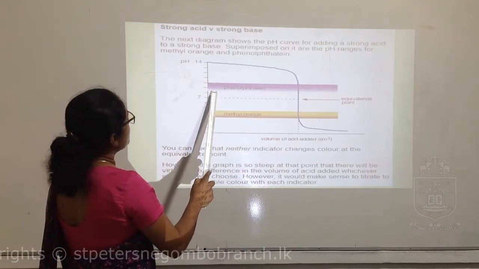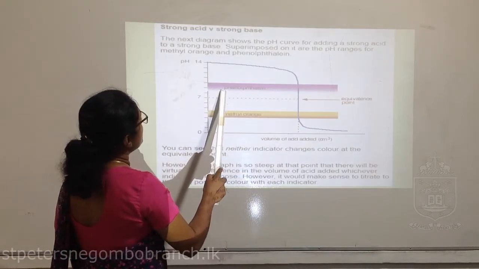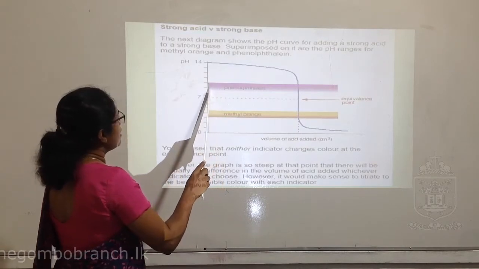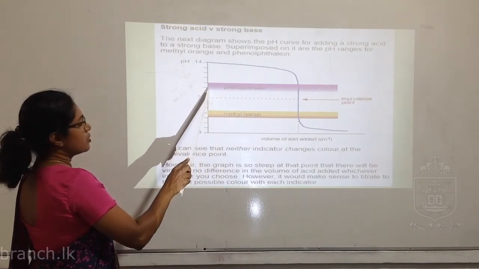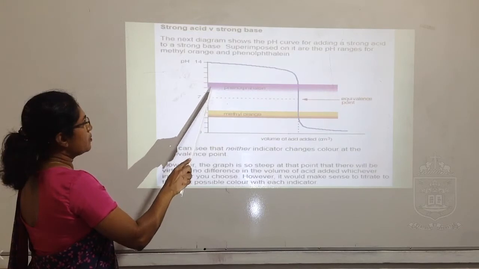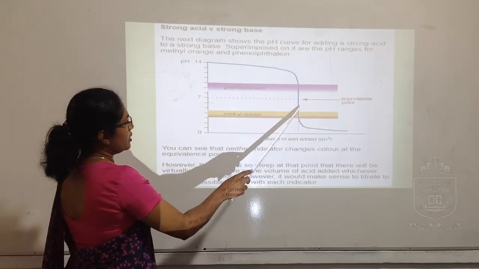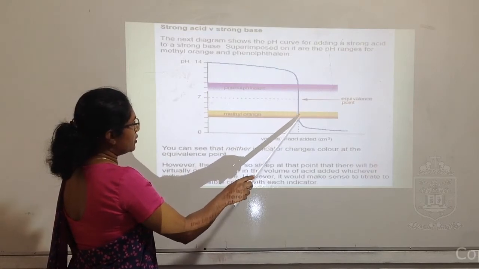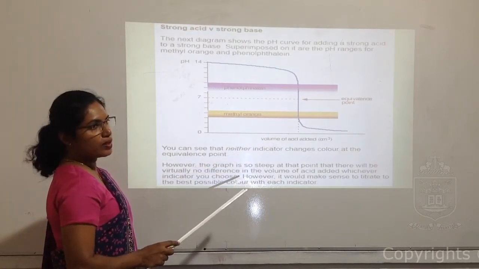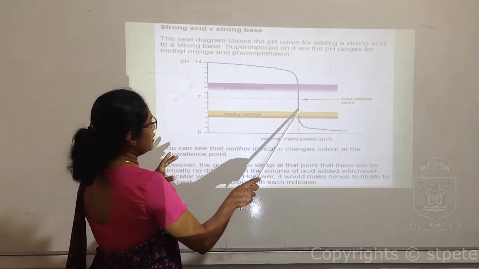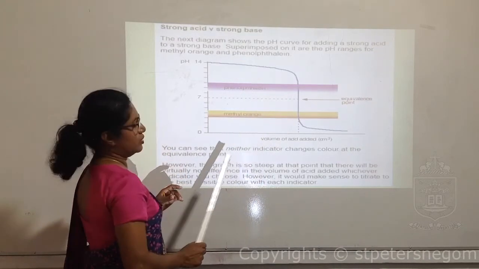And if we use phenolphthalein, this is the pH range of phenolphthalein in which we can find the color change. And this is the pH changing range of methyl orange.